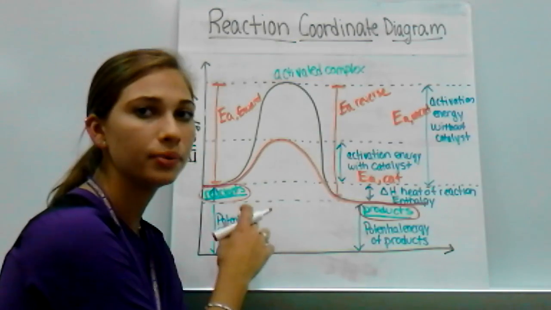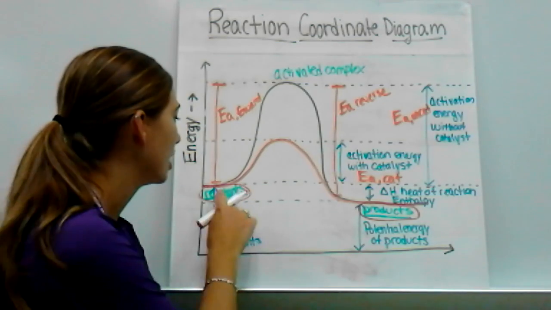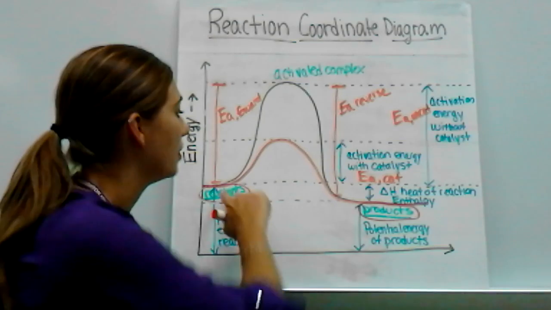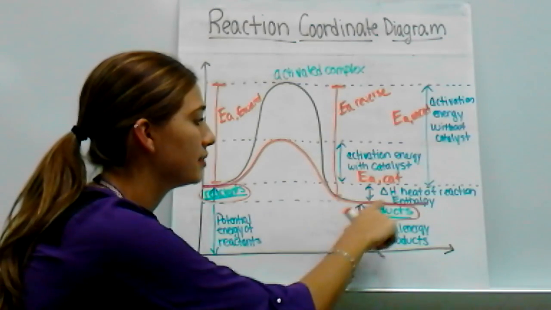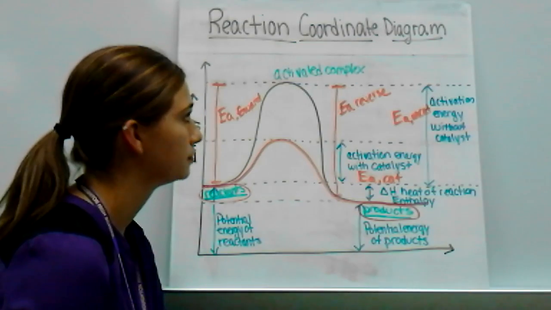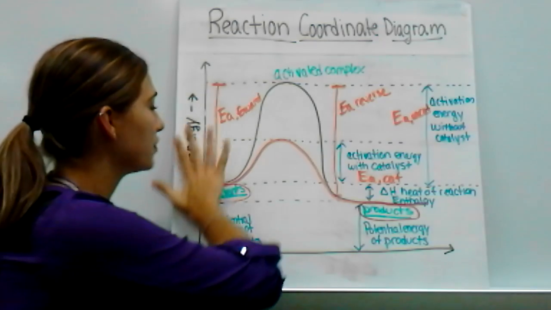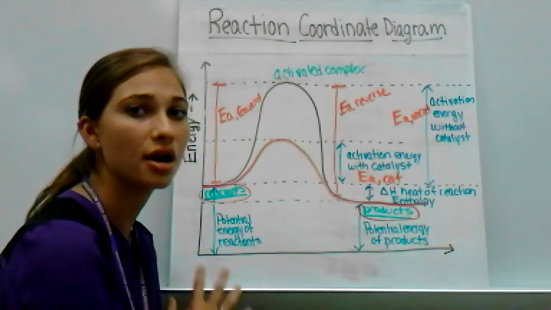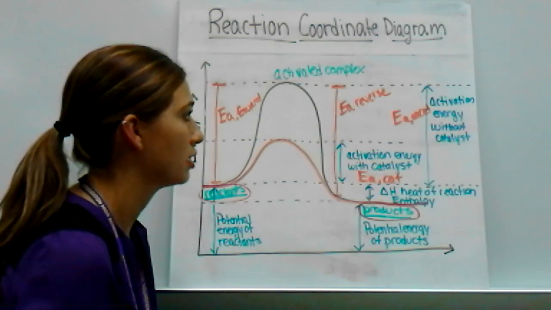All right? What's really important to know with the catalyst is that the reactants and products are still exactly the same. It just takes a shorter time to get to those products. Okay, so everything that I've talked about right now is going from reactants to products. So this is known as our forward reaction.